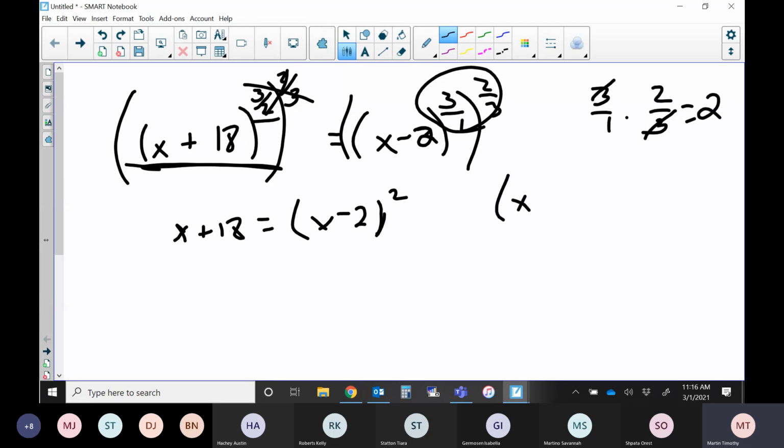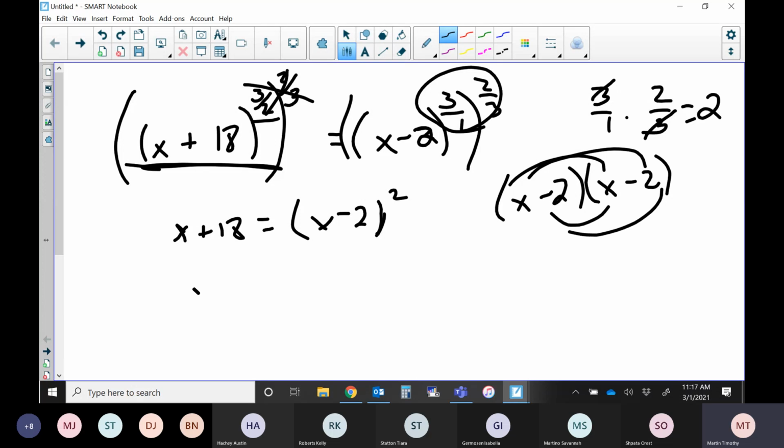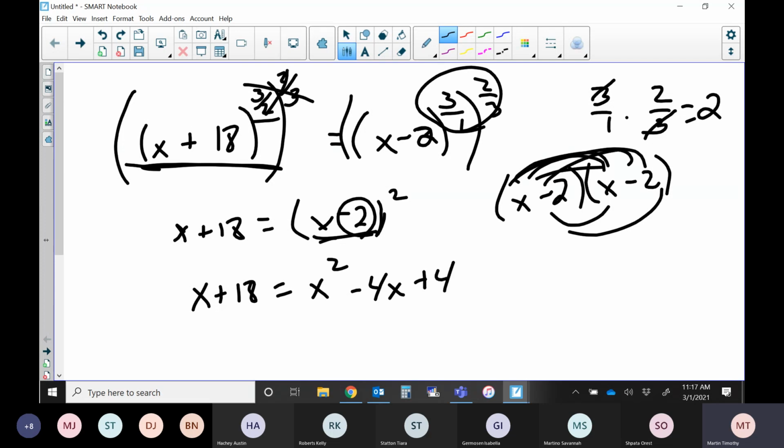It means you have (x minus 2) times (x minus 2), and you must distribute it. There's also a pattern I've been talking about throughout the year that lets you just square it: x squared, multiply those together, -2x, then double it, -4x, and then square this number, plus 4. If you distribute it out, you'll get that same exact answer.